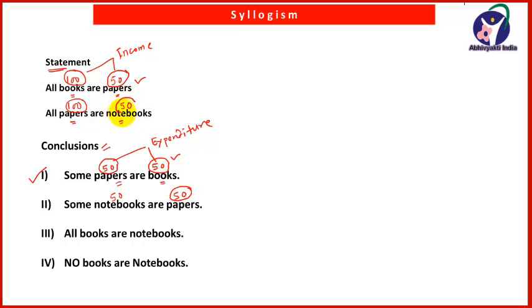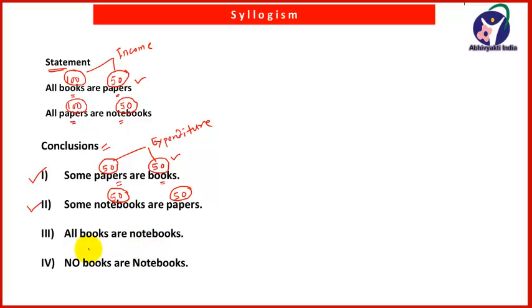Notebooks have 50 as income and 50 as expenditure, which is also possible. So both the rules are satisfied and therefore the second also follows. Now go to the third one.